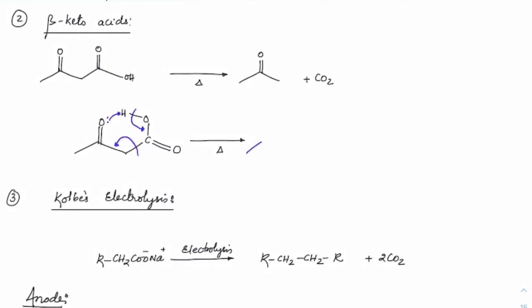So first we will get an enol form, and this enol plus CO2 is formed, and this enol will tautomerize to get the keto form. So I will get this ketone. We'll be using this in problem solving a lot of times. So remember, beta keto acids on heating will give you ketones. This is also a concerted step.